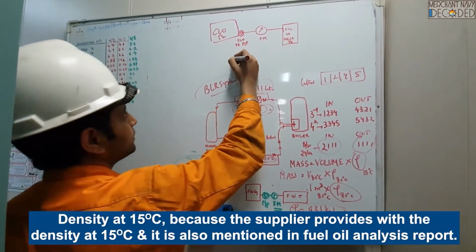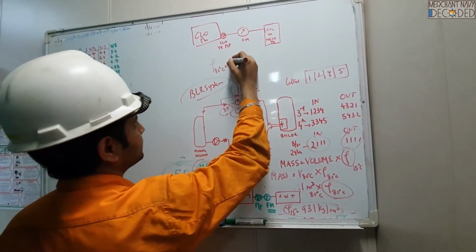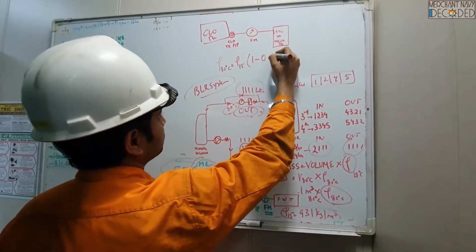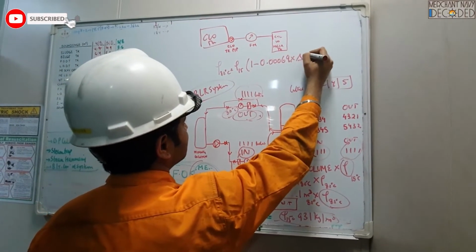So then density at 80 degree centigrade is equal to density at 15 degree centigrade into (1 minus 0.00069 into delta T).